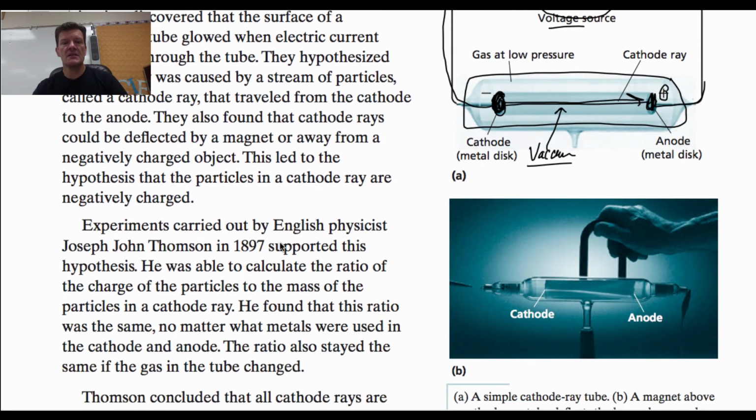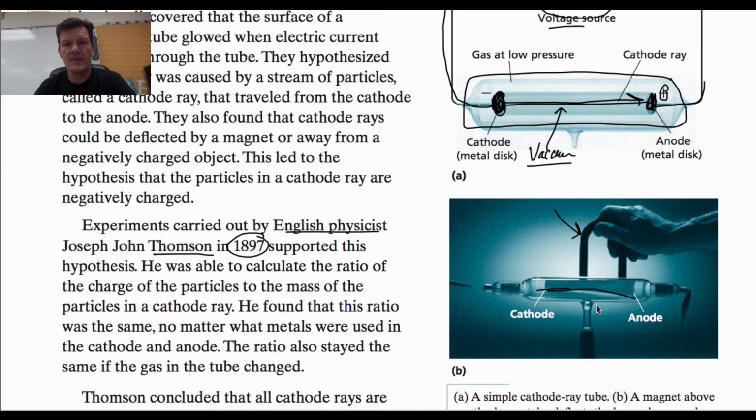Okay, and some scientists took this setup, one in particular here, this English physicist, his name was Thomson, and this was way back in 1897. He was able to then place a magnet close to this cathode ray tube, and he noticed that the stream of electrons actually would bend.